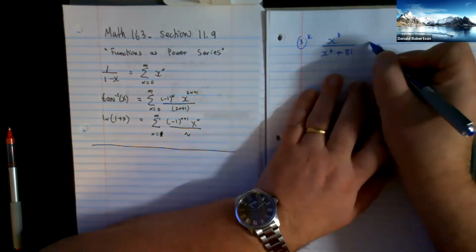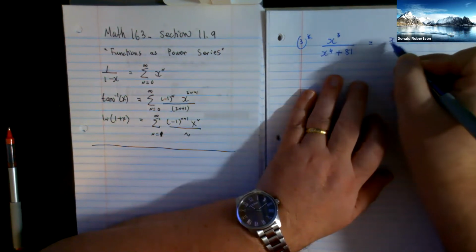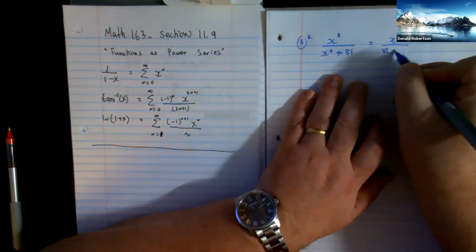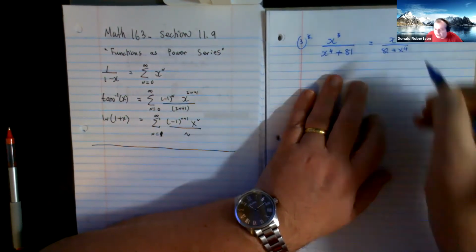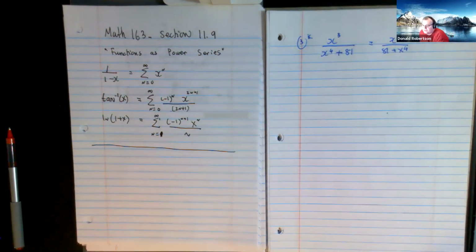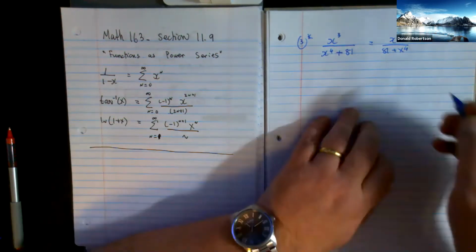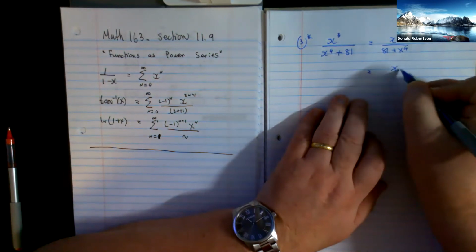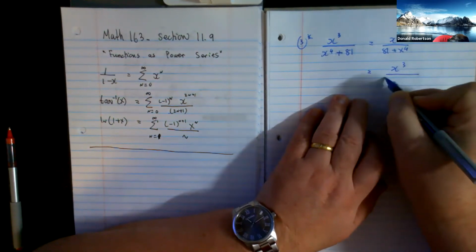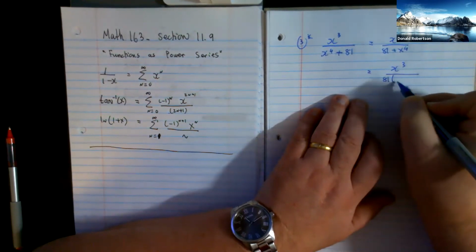Actually, the first thing I'm going to take care of is really just cosmetic. Shouldn't the number be first and the x's be second? It's just the way it's written. It has to be that way, right? Number, letter, right? A little cosmetic, but I needed to do it. I'm going to pull out the 81.